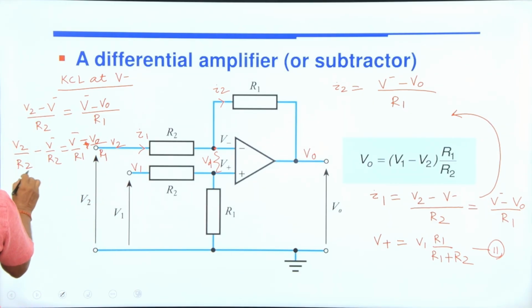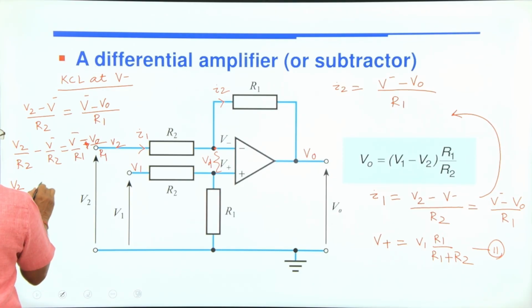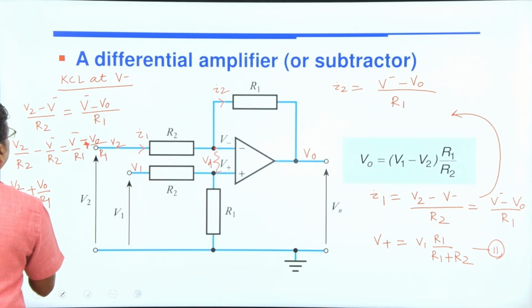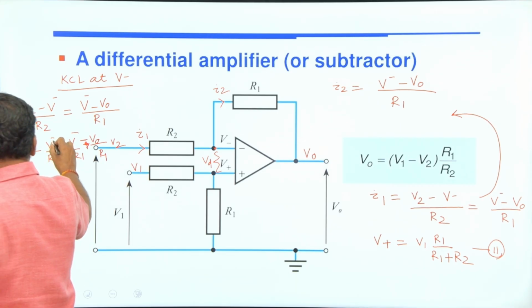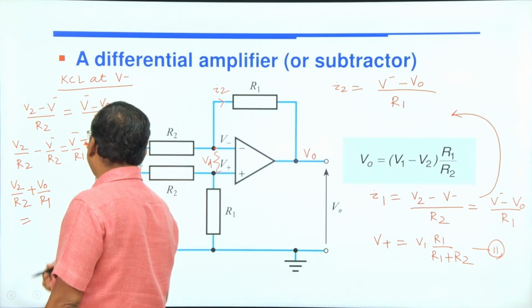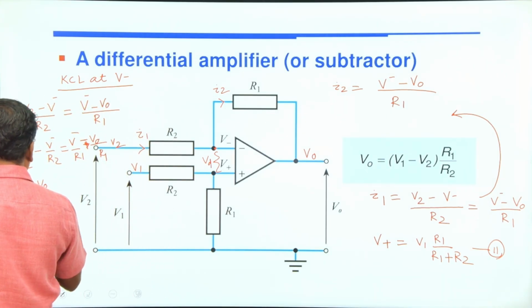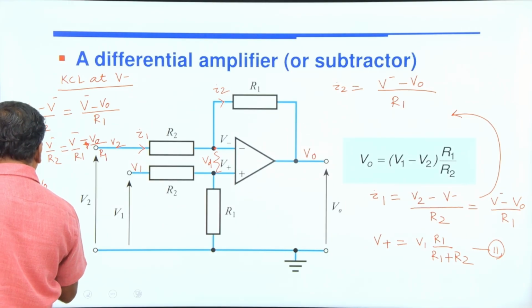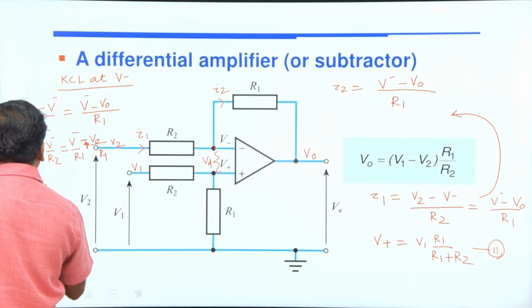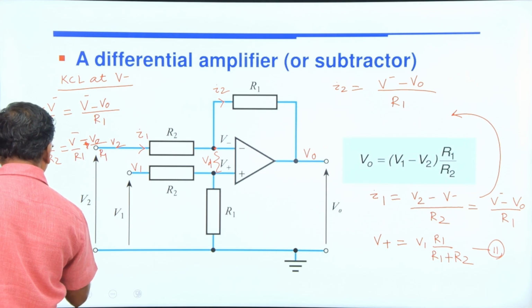So V2 by R2 plus V0 by R1 equals, moving minus V minus by R2 to the right-hand side, that will be plus, V minus by R1 plus V minus by R2.